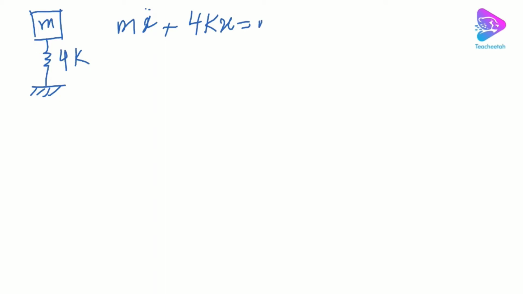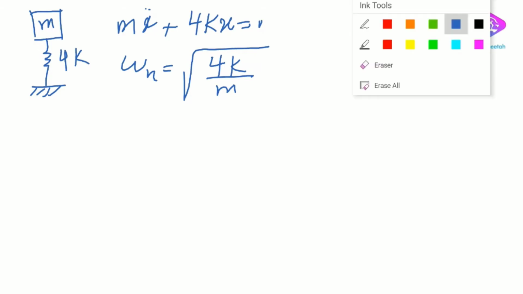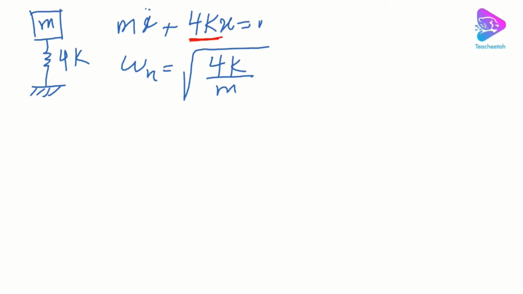The natural frequency, omega n, is equal to the square root of K equivalent over M, which is 4K over M, right? Whatever is the coefficient of X is our K equivalent, and the coefficient of X double dot is our M equivalent. Therefore, the natural frequency would be the square root of 4K over M.